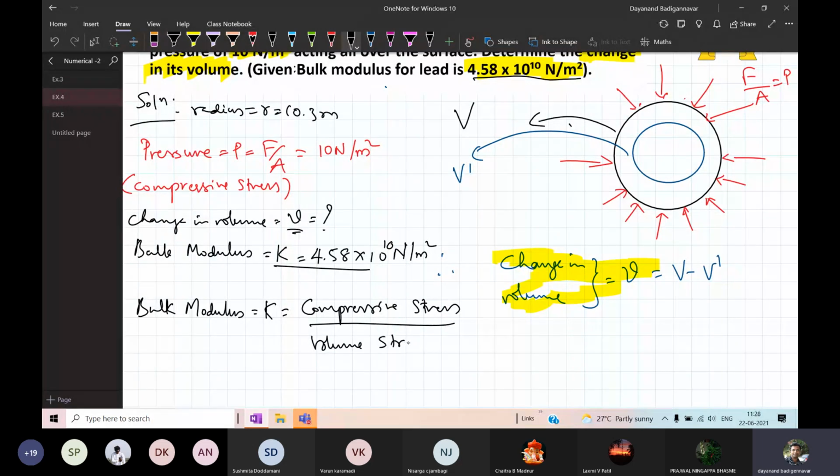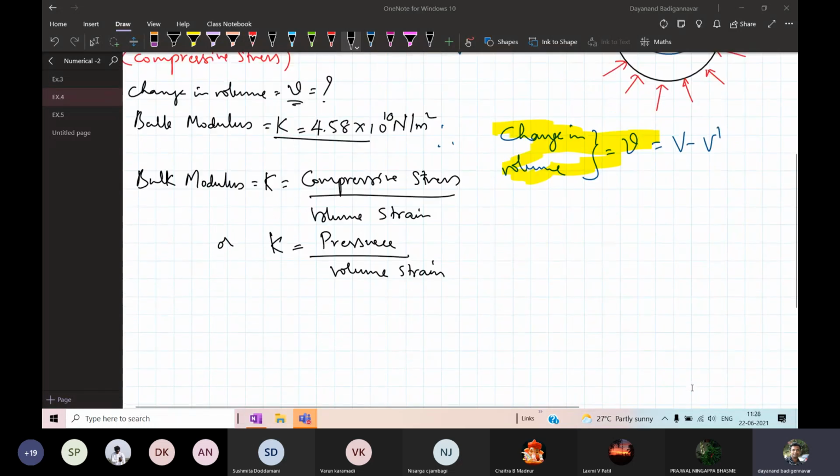I can write compressive stress as pressure, force per unit area, divided by the volume strain. So I have to write it properly. So the proper definition is there.